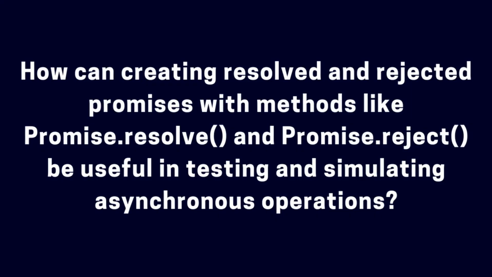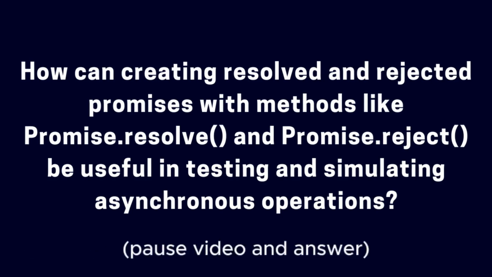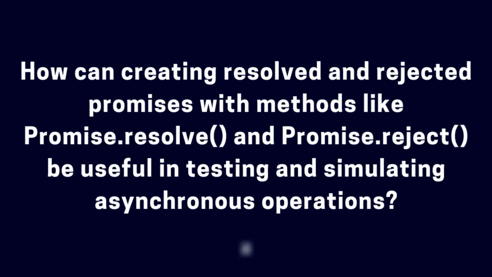How can creating resolved and rejected promises with methods like Promise.resolve and Promise.reject be useful in testing and simulating asynchronous operations? Creating resolved and rejected promises is useful because they allow developers to immediately generate success or failure outcomes without needing to perform actual asynchronous tasks.